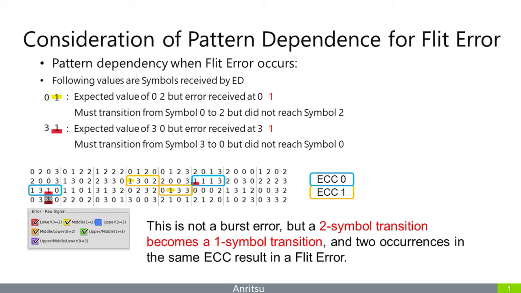That is an uncorrectable flit. And we found it always happened 0 to 1. That means expected 0, 2, but the error detector saw 0, 1. That's the yellow portion. Or 3 to 1: expected value 3, 0, but the error detector detected 3, 1. So you can find 2. That kind of capture data tells you which kind of data stream may cause the error on your DUT.